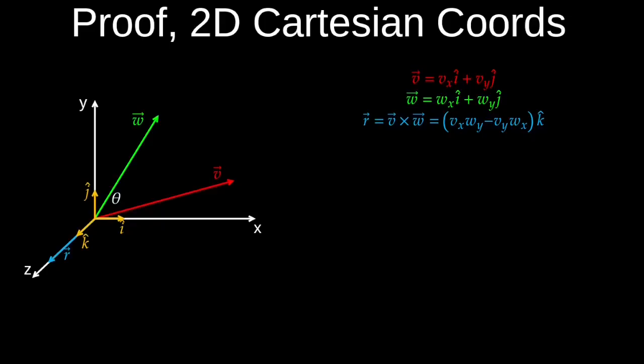Let's do a simple proof of the cross product in 2 dimensions. So here we've evaluated the cross product of vectors v and w using the determinant method that we've already covered, where both vectors have the following components. And if vectors v and w have the following angles to the horizontal axes, and using trigonometry we can rewrite these components as follows.